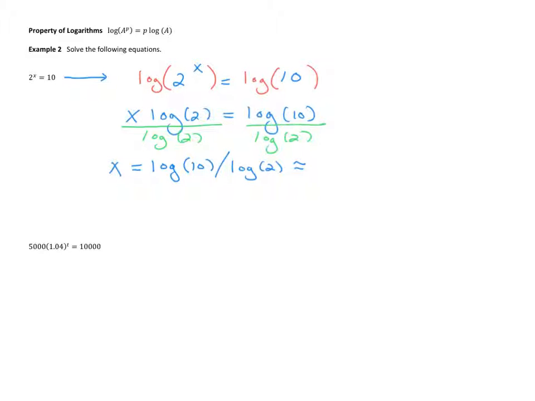And here's where you could go to your calculator and approximate the solution. I'm going to type in exactly what I have here. Log of 10, close parentheses, divide by log of 2, and then close parentheses. And the answer I get is approximately 3.321928095.